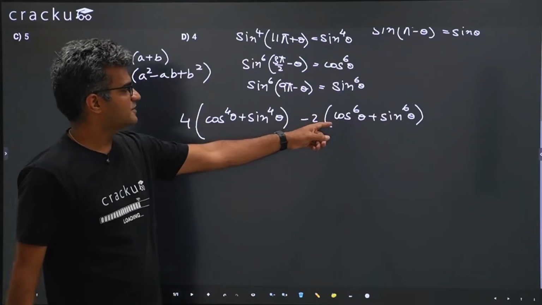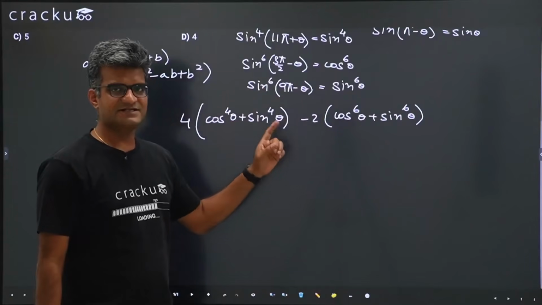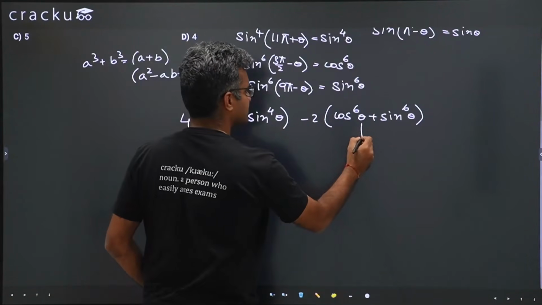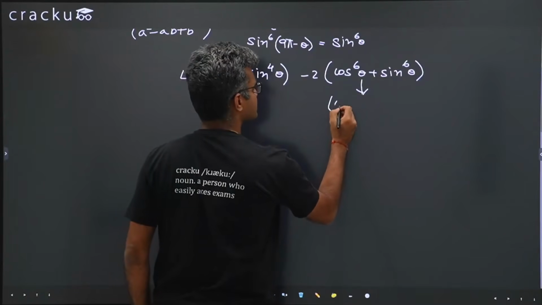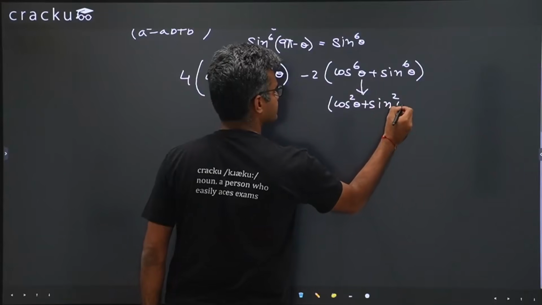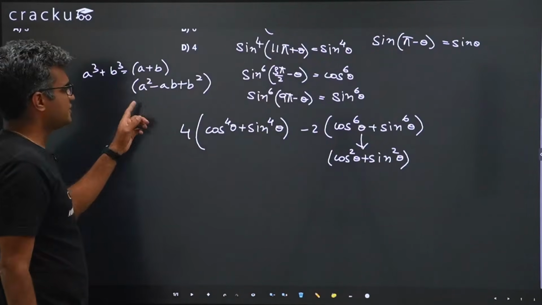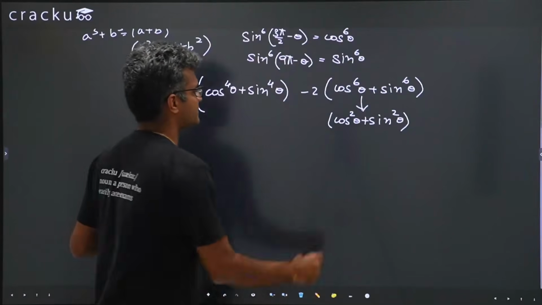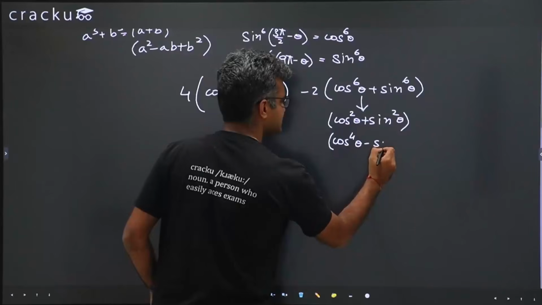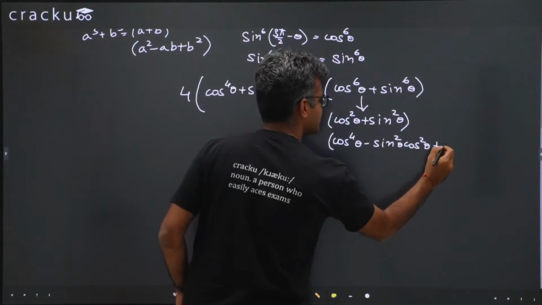Here we have cos to the power 6 theta plus sine to the power 6 theta. So if you assume that a is cos square and b is sine square, this can be simplified to (cos square theta plus sine square theta) into (cos to the power 4 theta minus sine square theta cos square theta plus sine to the power 4 theta).